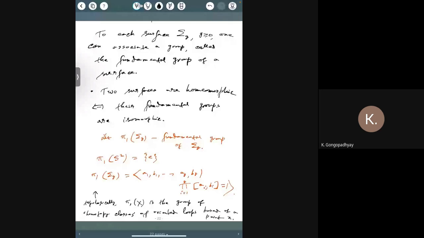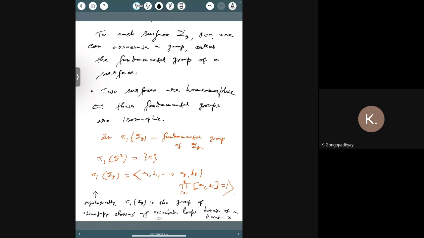So here I would say a surface, because normally one assumes some sort of path connectivity while defining it, but for us this is just this. Okay, so this is the object that we need, the fundamental group of a surface.